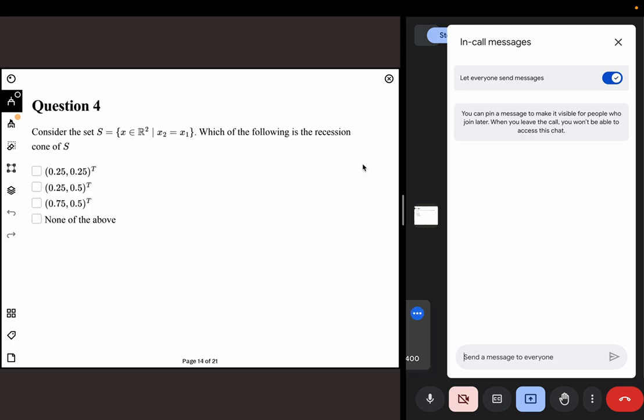So first let's understand this. In R2, all the points on this particular line, x2 equal to x1, say this is x1, say this is x2, is what my set is.